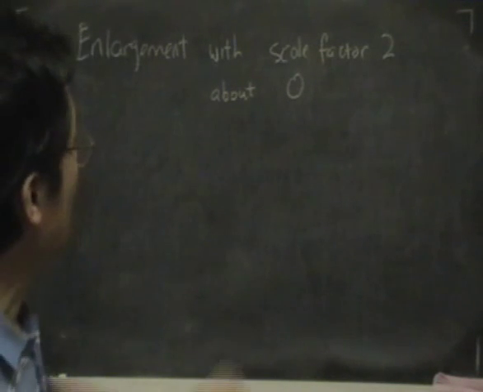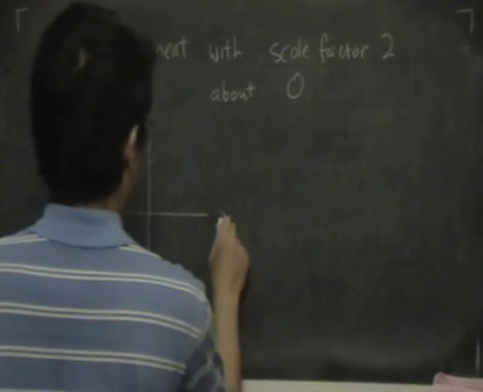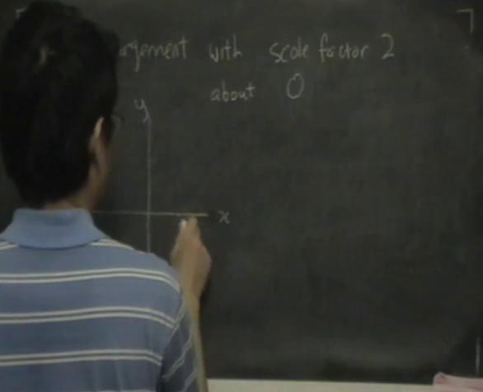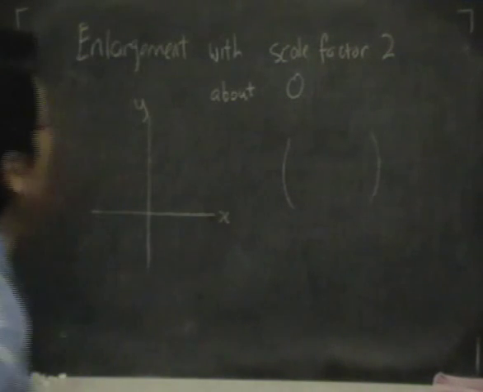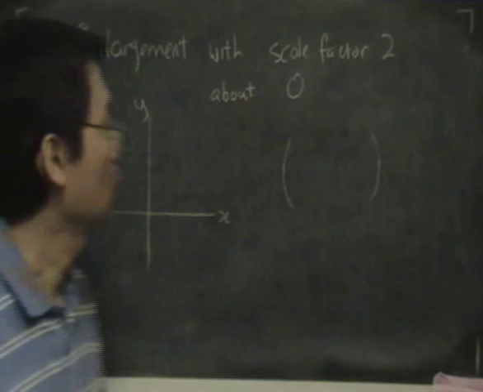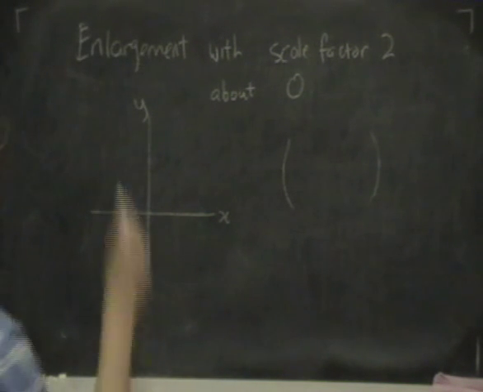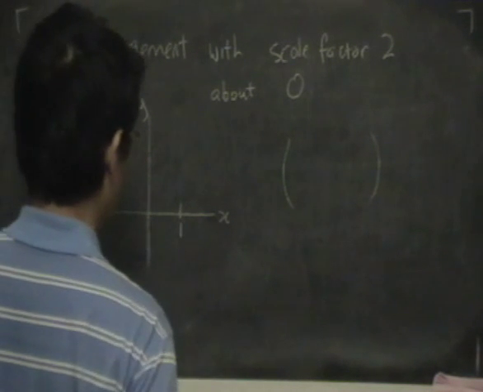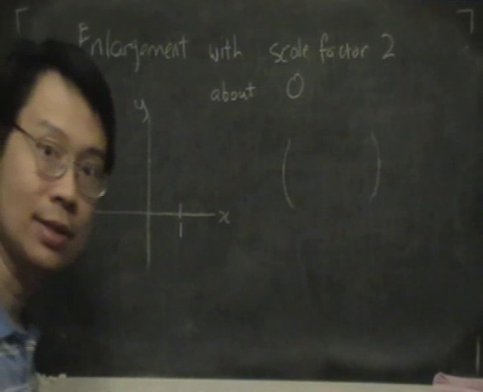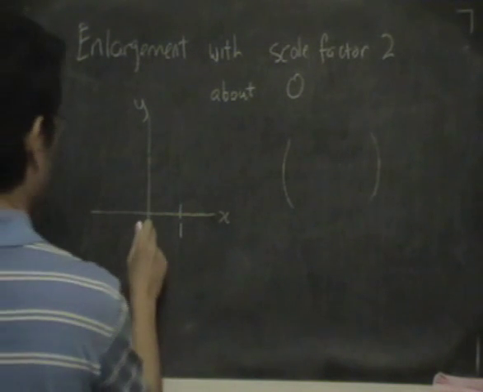So the origin is our center of enlargement. And we'd like to find our matrix. Once again, start there, 1 on the x-axis. Enlargement is about the origin.